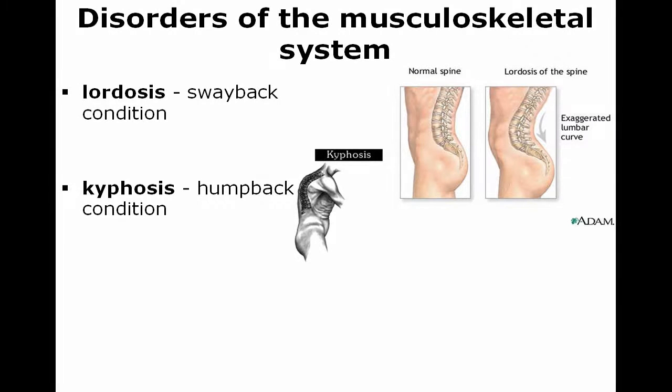Kyphosis. Now, the most common cause of kyphosis will be osteoporosis in an elderly person. Because of the breakdown of the vertebrae, they'll begin to have this humped over position.